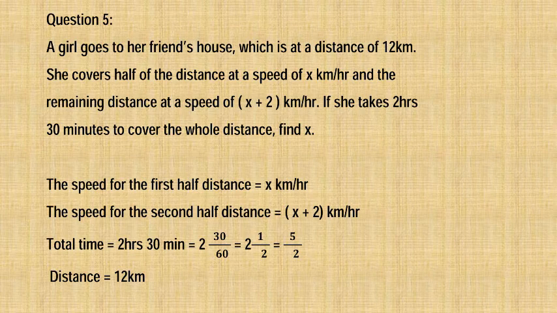In this problem, let us represent the speed taken by the girl to cover the half distance as x km/h and the speed to cover the second half of the distance as x plus 2 km/h, and the total time taken to complete the 12 km distance is 2 hours 30 minutes, that is represented as 5 by 2.